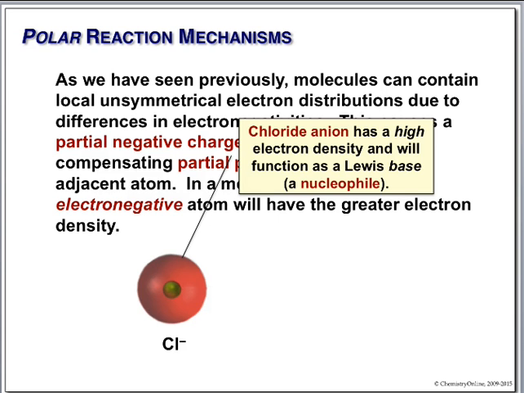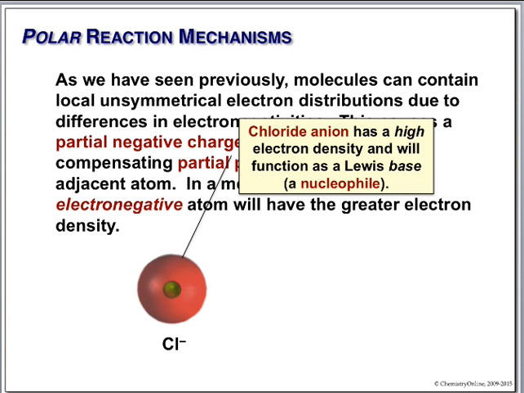The next set of reactions, this is a substitution reaction that's much more useful than simple free radical halogenation. These are going to be reactions involving polar covalent bonds. And we talked about the fact that many molecules form polar bonds due to differences in electronegativities.